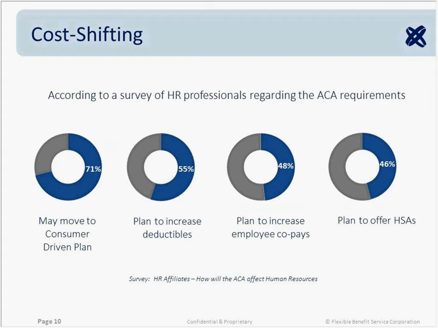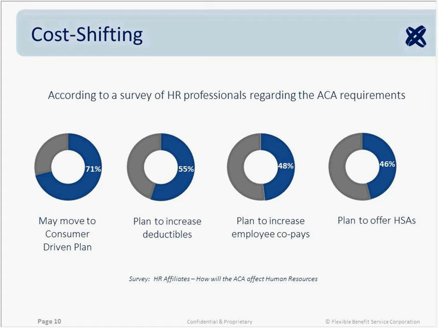And there was another survey that was conducted by the HR affiliates, and this asked employers and HR professionals how they are going to adjust to the Affordable Care Act and its requirements. For many employers, the requirements, both administratively and from a benefit standpoint, have also been driving the cost of insurance premiums upward.